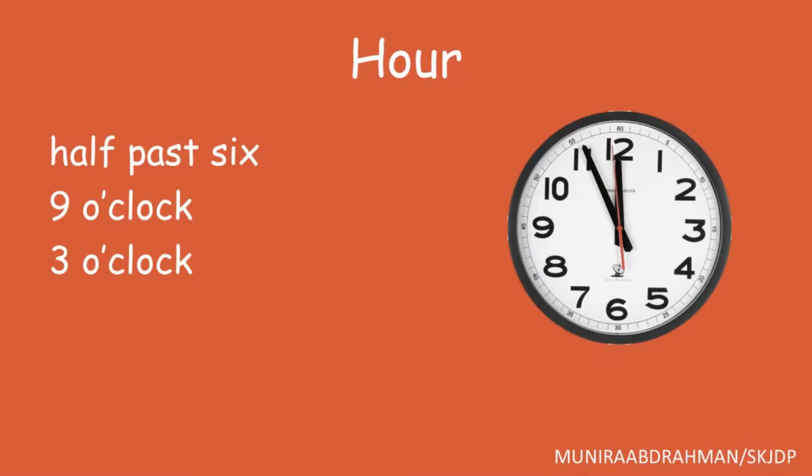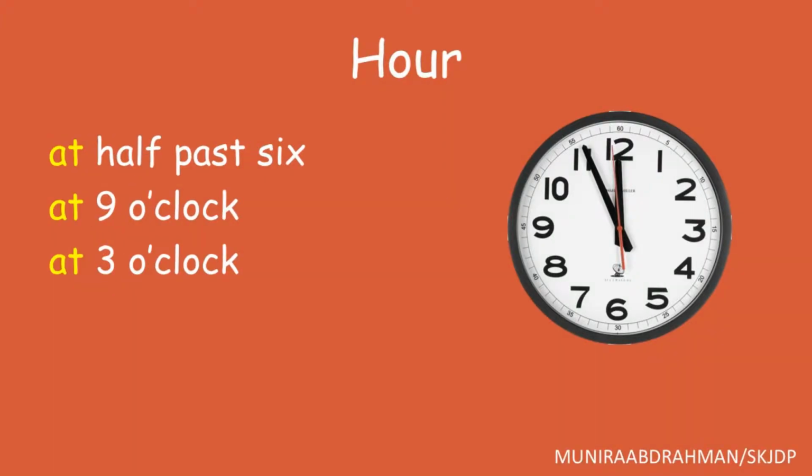There are so many words that we can use to tell hour, especially when you look at the clock or at your watch. You can tell the time by using these words. For example, 6:30, 9 o'clock, 3 o'clock. And usually when we use these words in a sentence, we have to add at before the time.